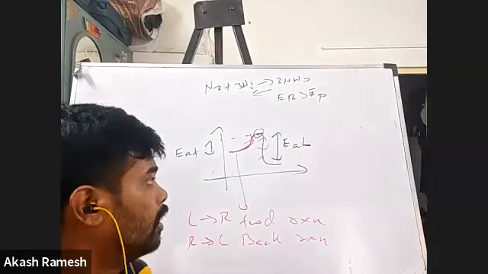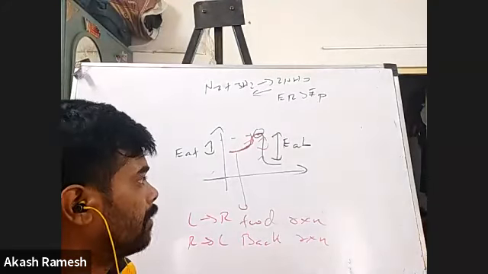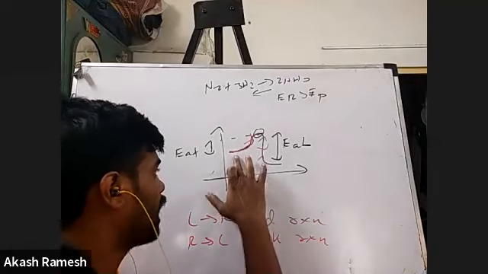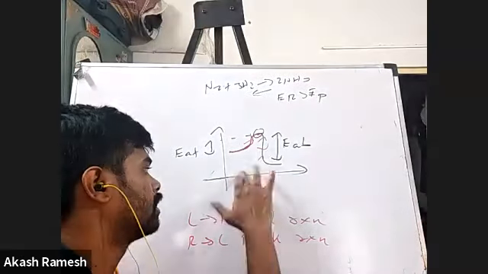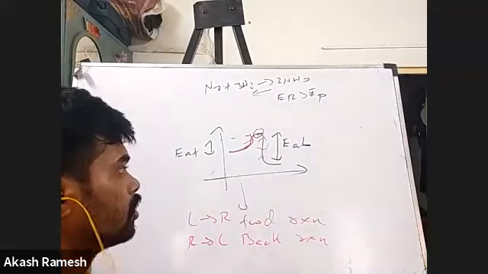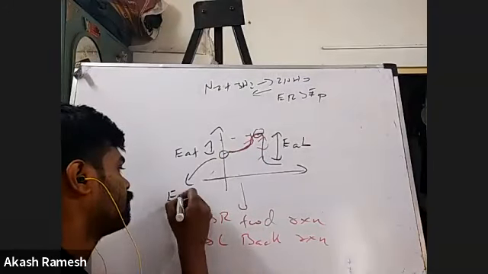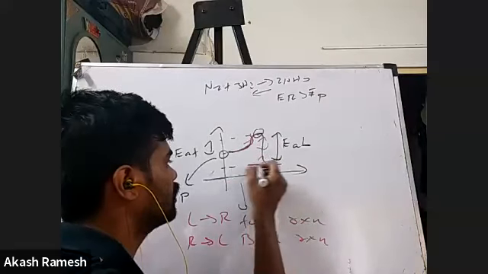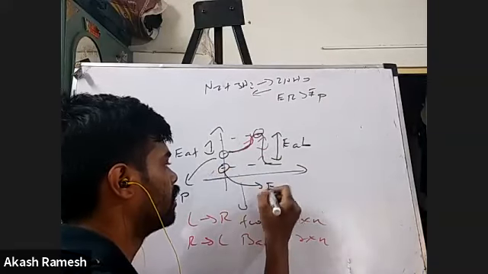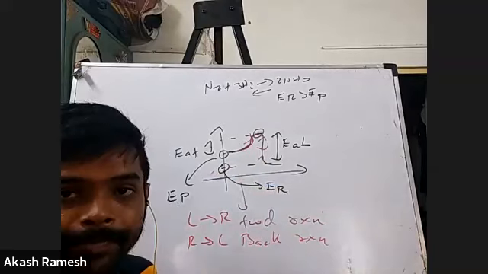Okay. Now you already know how to calculate enthalpy, right? So from the graph, from the idea which you already know, this particular value which I have here is what is my EP, and this particular value I have here is what is ER, right?